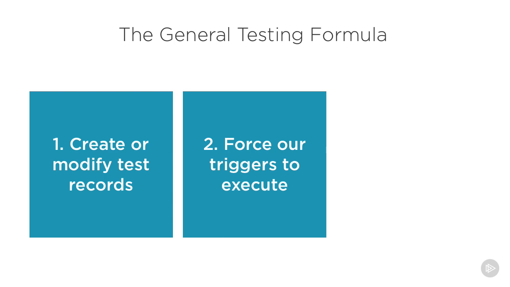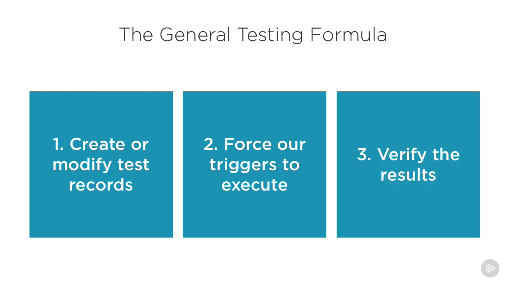Then, as a result of this action, our trigger ran. Dedupe reminder was an after insert trigger on accounts, so creating a new account forced this trigger to run. Finally, we verified our trigger worked by eyeballing the results and manually inspecting fields and records to see that they were updated properly.